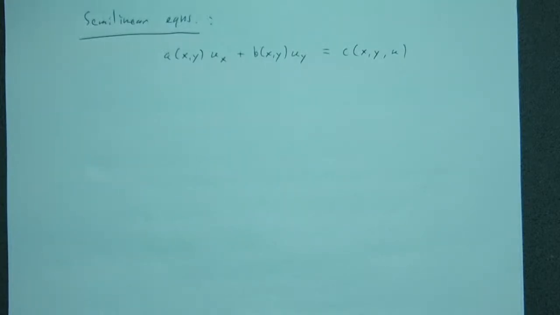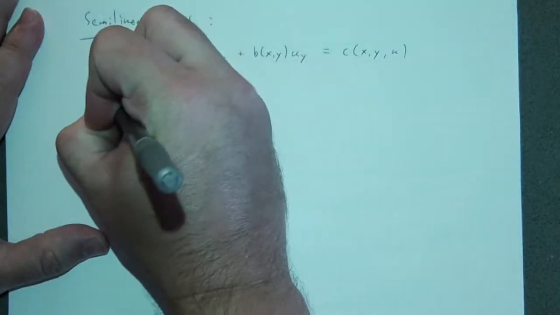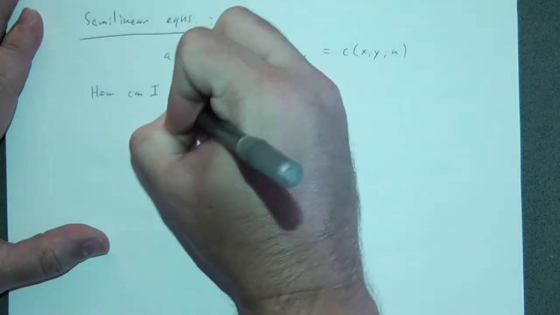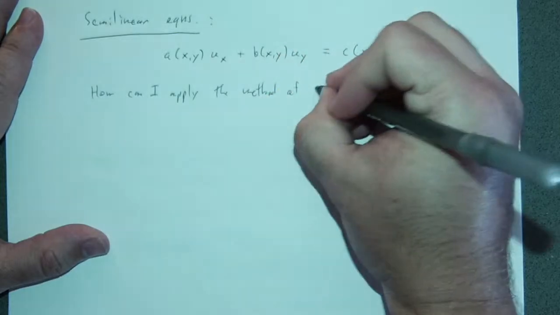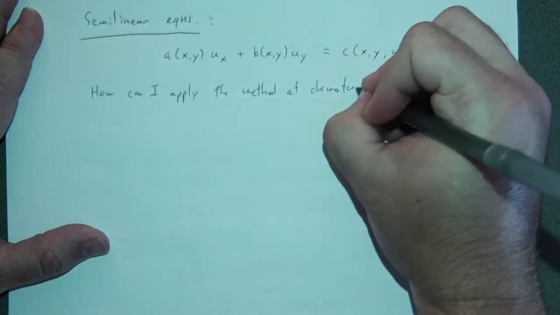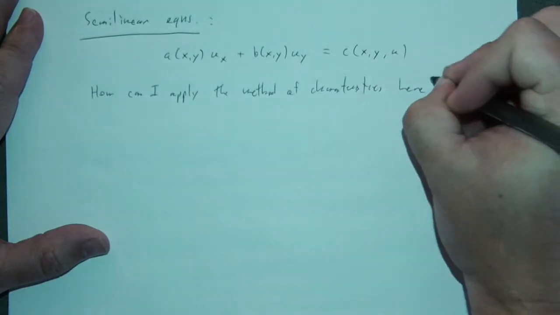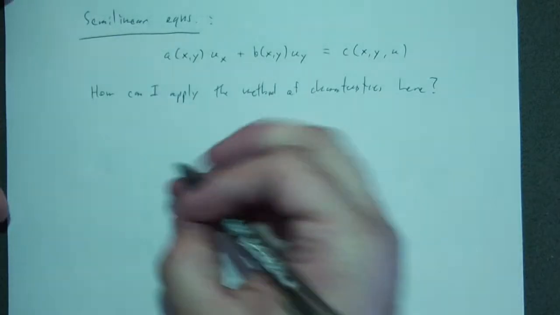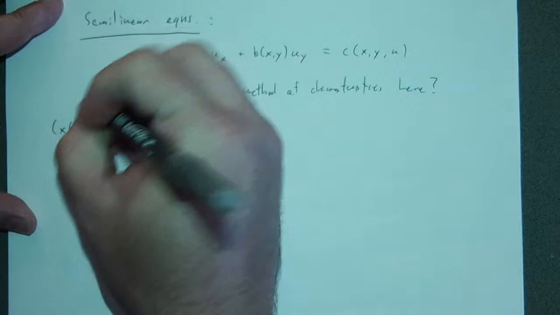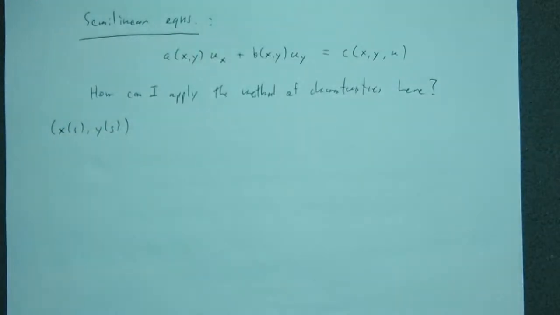So the question is, how does my method of characteristics work here? How can I apply the method of characteristics here? Let's recall our characteristic equations. Our characteristics are parameterized curves looking like this.